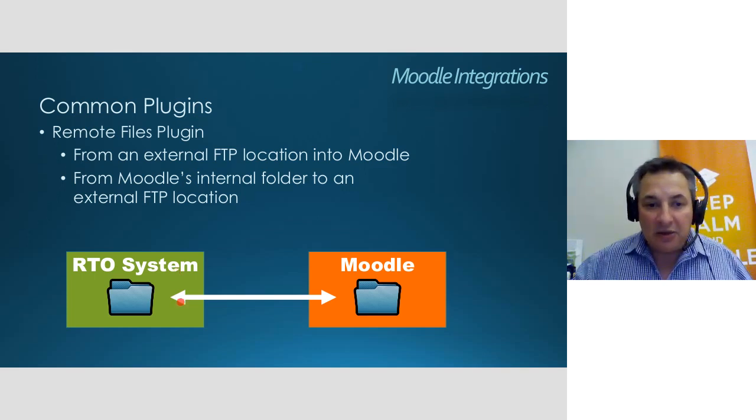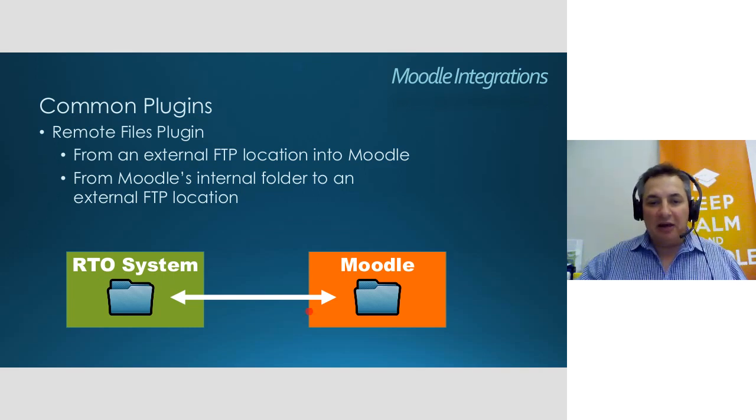So what we found is that in some instances, the origination of the user information and the enrollment information was coming from RTO Manager. So typically we built the first types of solution to always expect that information to be derived from somewhere external and be pumped into Moodle.